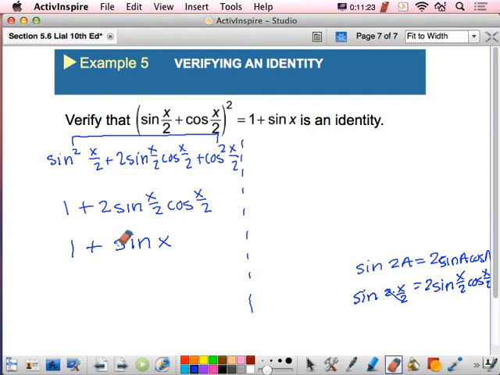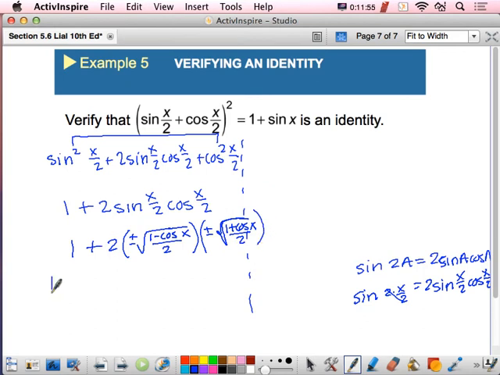If you didn't see that, you could now substitute: sine of half x is plus or minus the square root of 1 minus cosine of whole x over 2, and cosine of half x is plus or minus the square root of 1 plus the cosine of x all over 2.